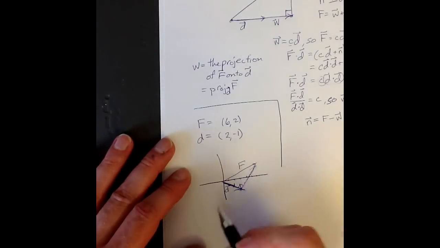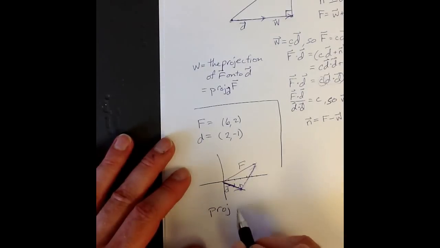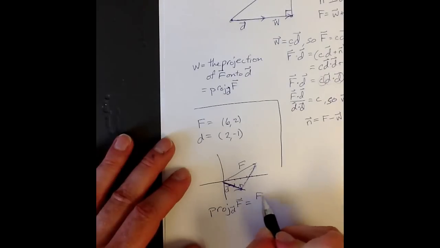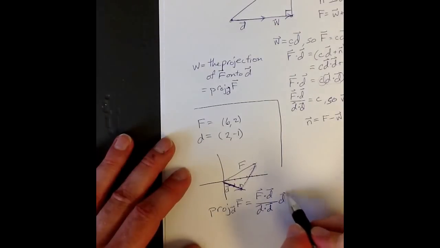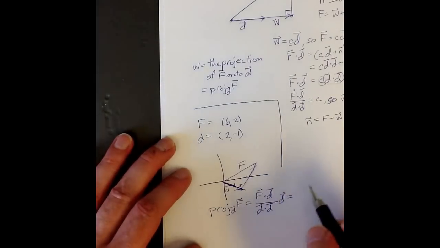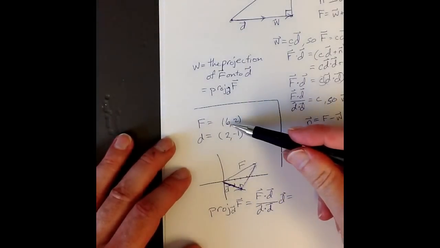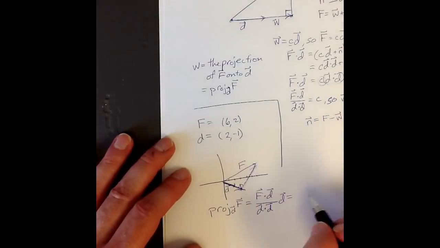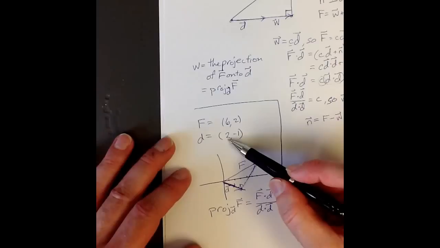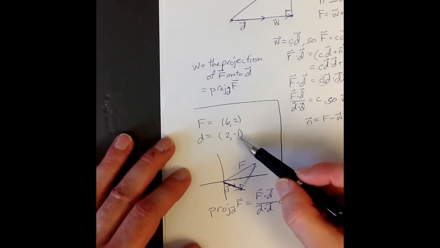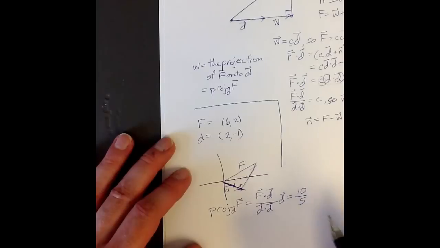So the projection of f onto d is, as we've shown before, f dot d divided by d dot d times d. f dot d is equal to 12 minus 2, which is 10, and d dot d is 2 times 2, 4, plus 1 times 1, which is 5.